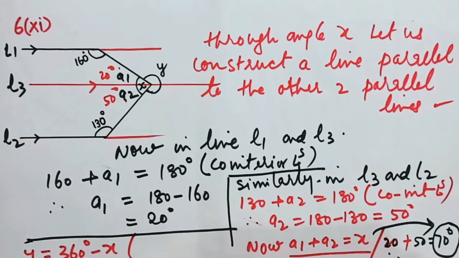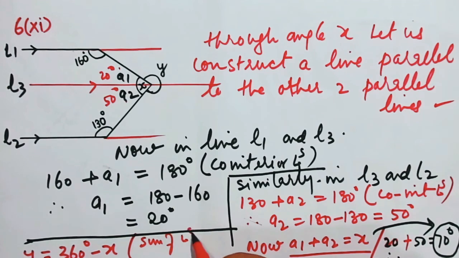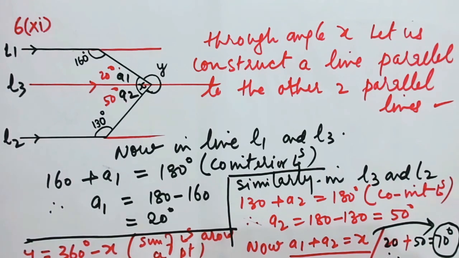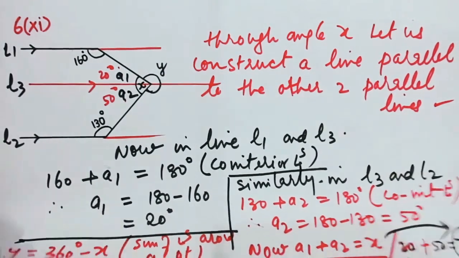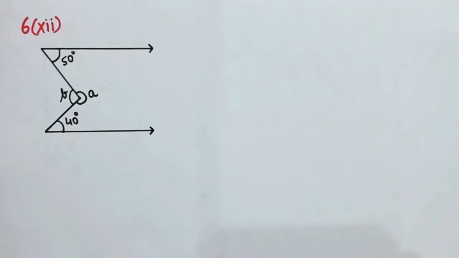The reason is the sum of angles around a point is equal to 360 degree. Can't you put the value of X as 70 degree and find the value of Y? I hope you can do it. Not only hope, I know that you can do it.